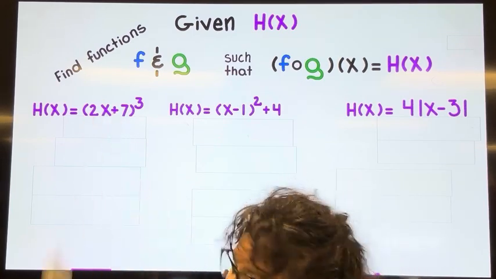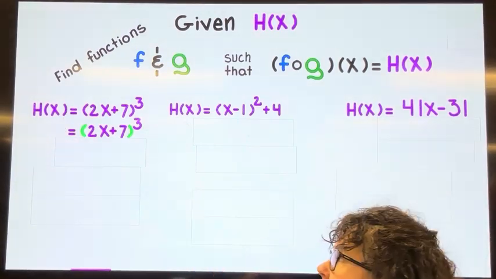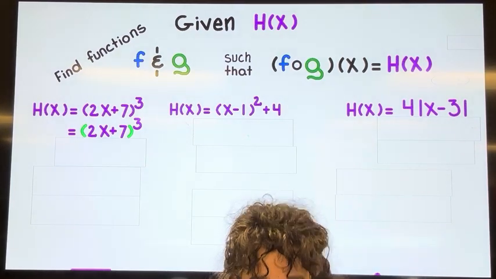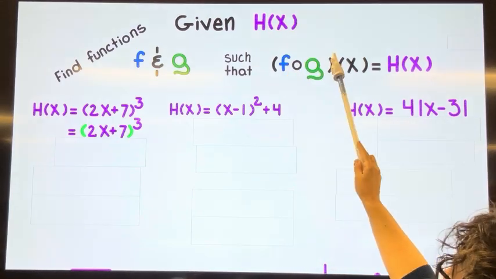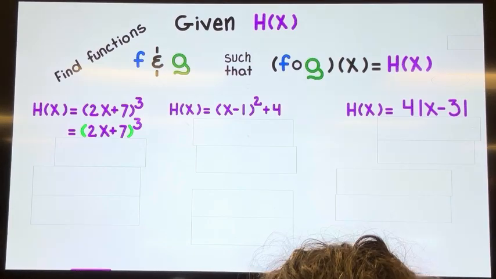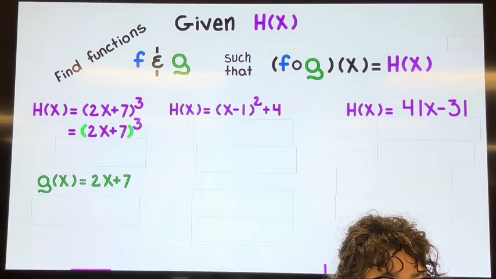So in this first one, what's inside those parentheses is your input function. If it's f comp g, g is the input function. So I'm going to say that g is equal to 2x plus 7.